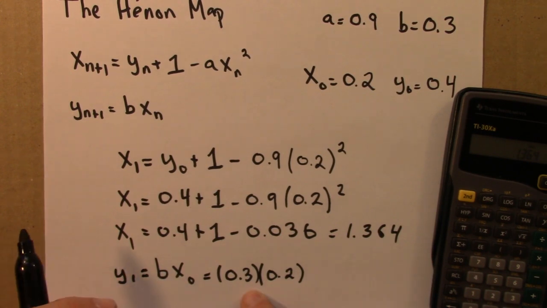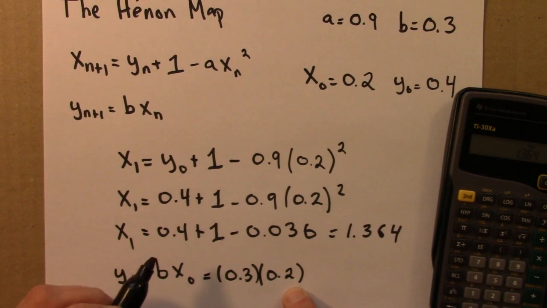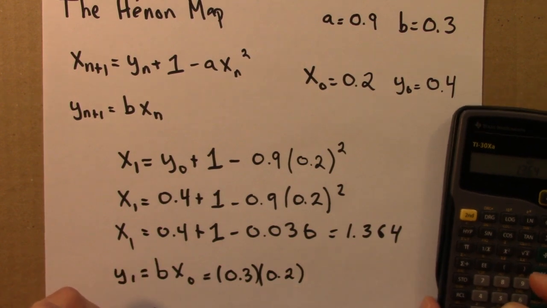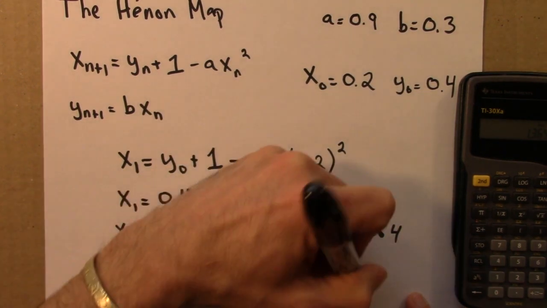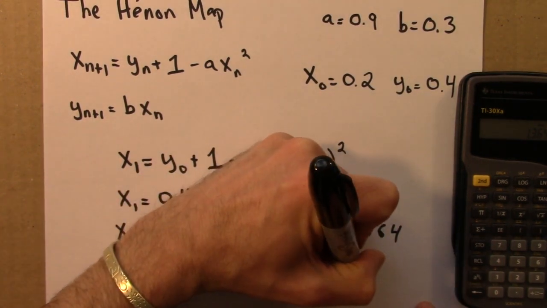So 0.3 times 0.2, you could do that in a calculator or in your head, depending how nimble mentally you're feeling, and this would give you 0.06.